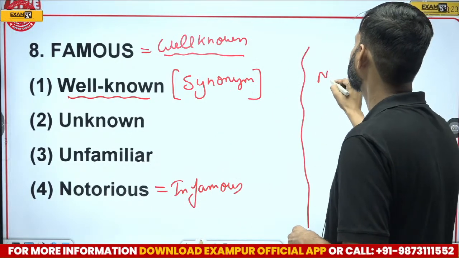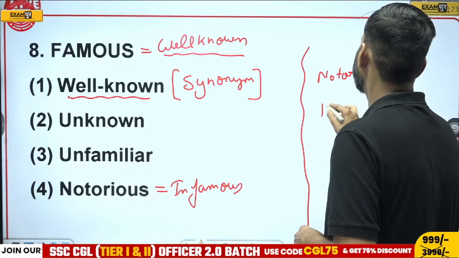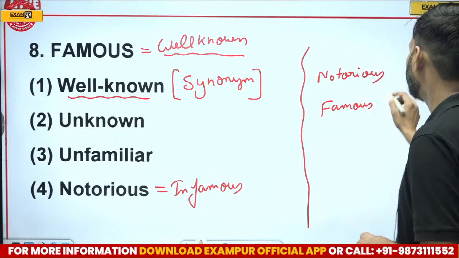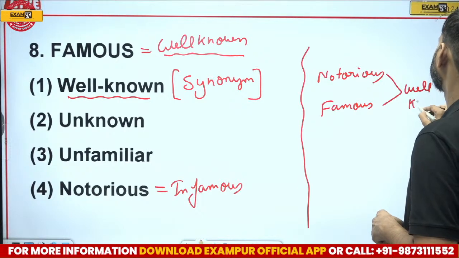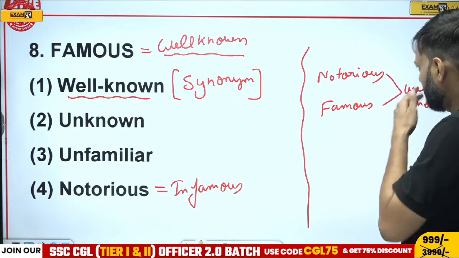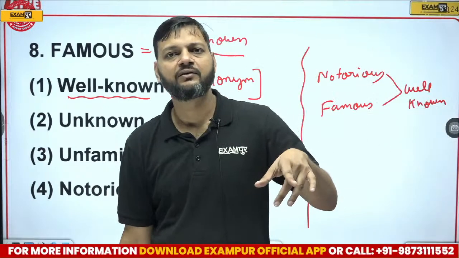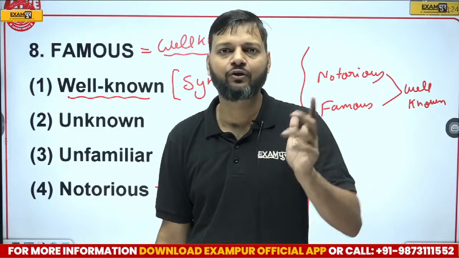Now, both notorious and famous are well known. If someone is famous, he is also well known, and if someone is notorious, he is also well known.